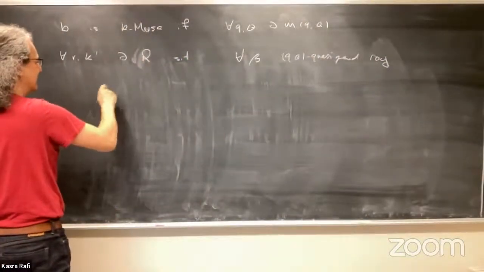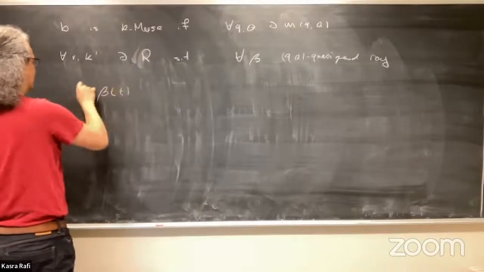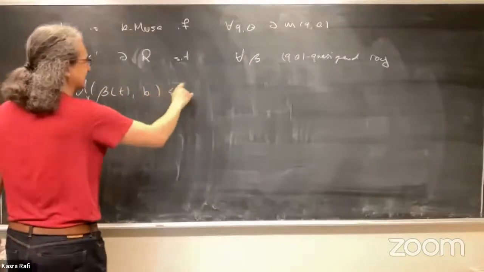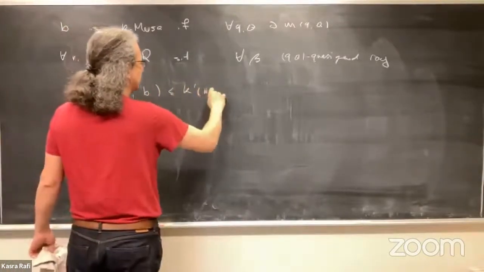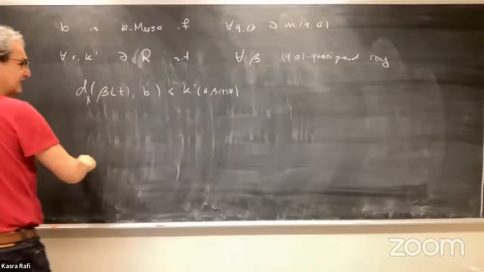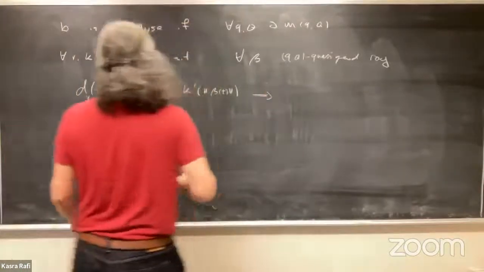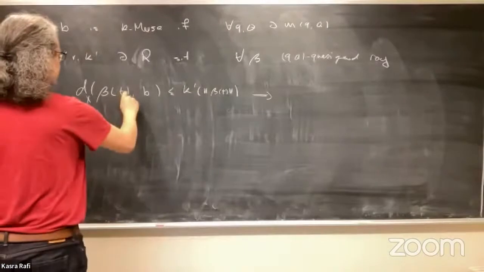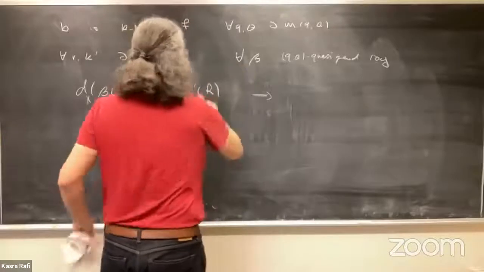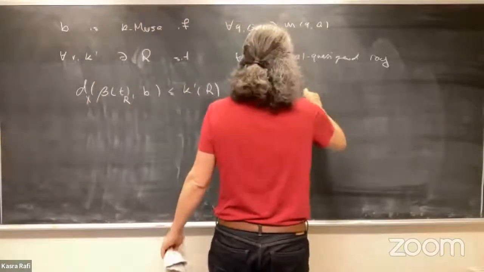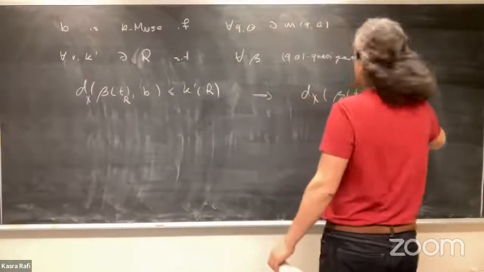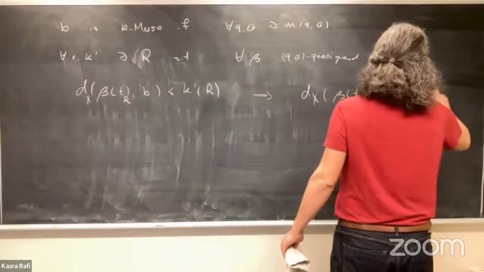So if beta of t has a distance less than kappa prime of the norm of beta of t, actually, let me do it like that. This is better. I will explain what's going on here. So that means d_X of beta of t_r and B is less than or equal to kappa of r.